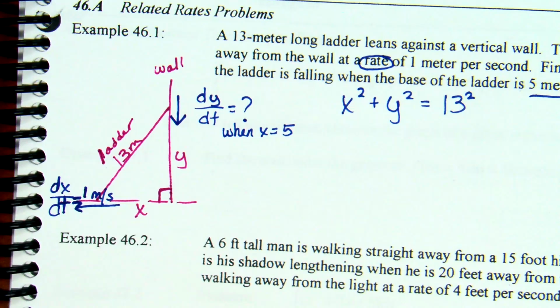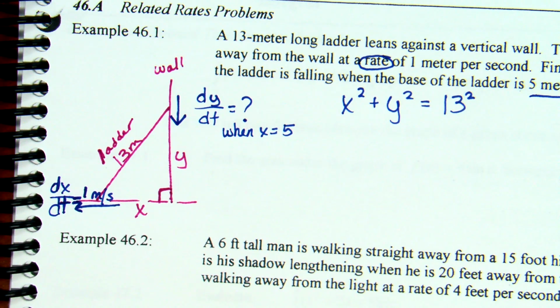Okay. Now, based on the fact that we're given dx/dt, we have to find dy/dt, we're going to take the derivative. We're going to differentiate this equation. Now, keep in mind, this whole problem is in respect to time. So every time we take a derivative, we're going to put the dx/dt, dy/dt, whichever differential we need with it.